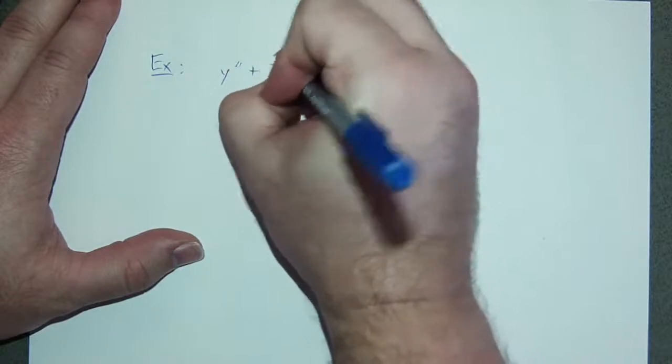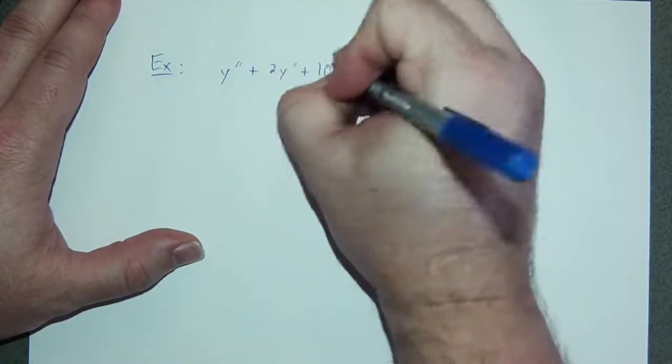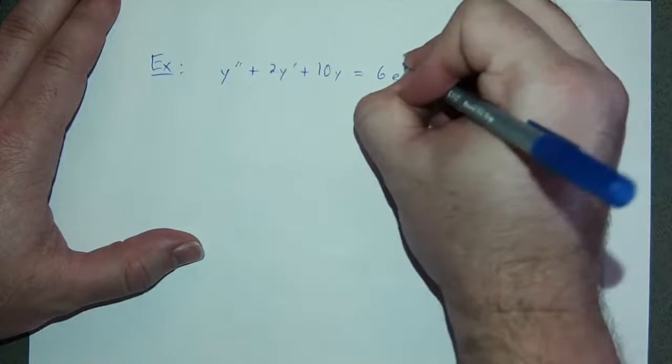Maybe you'll find key identity stuff is not nearly as tricky as you thought. In fact, we're going to see how in a lot of ways it's significantly nicer for some problems than undetermined coefficients. So: y double prime plus 2y prime plus 10y is equal to 6e to the 2t.